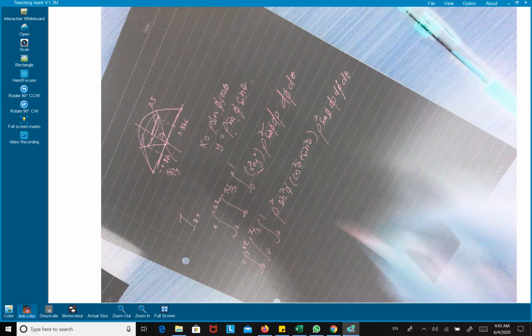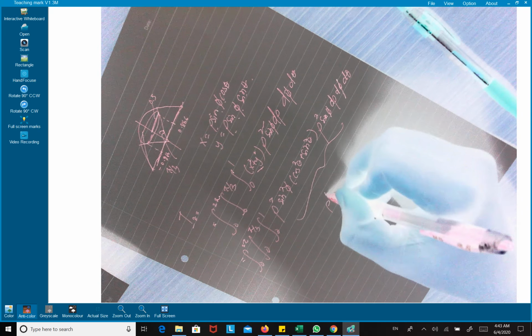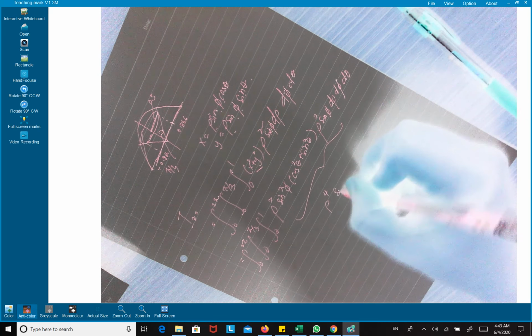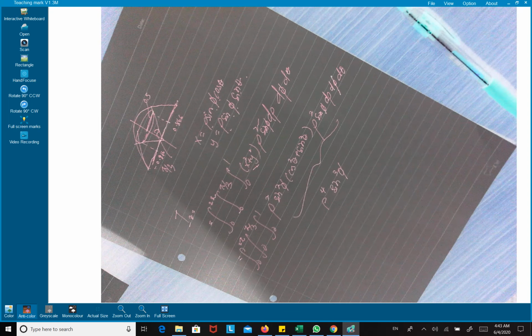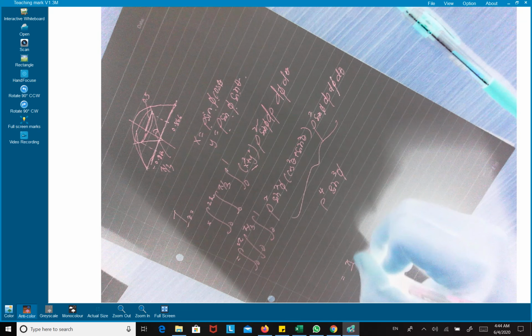Then this part will be rho to the 4 sine cubed phi. So you integrate this, and you will get pi over 12.